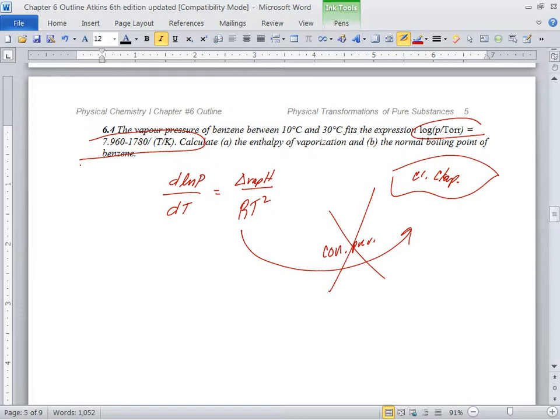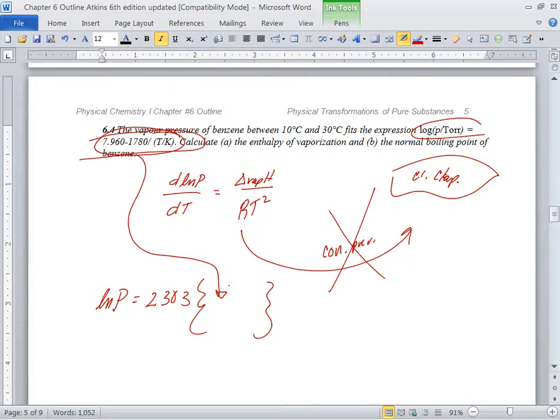Then you'll have a natural log expression, right? This whole thing would go in there. And then since you have the expression, just take the derivative with respect to what? T, and set it equal to delta vap H over RT squared.